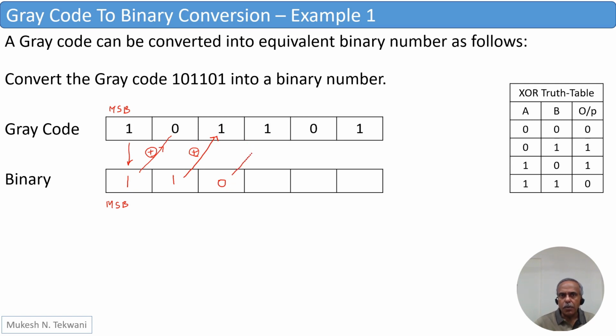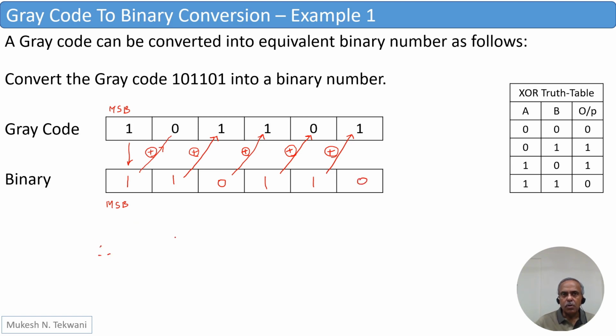Again, 0 XOR with 1 will give us 1. This 1 XOR with 0 will give us 1. And here 1 XORed with 1, since both bits are identical, will give us 0.